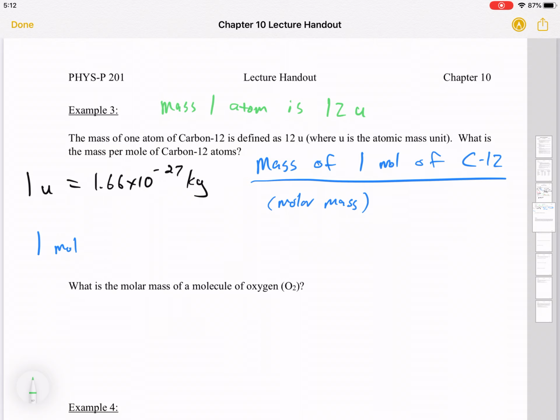We could say, let's multiply by Avogadro's number. That's going to get me number of atoms. And then let's multiply by the mass of 1 atom. And that would give me the total mass of a mole of those atoms.